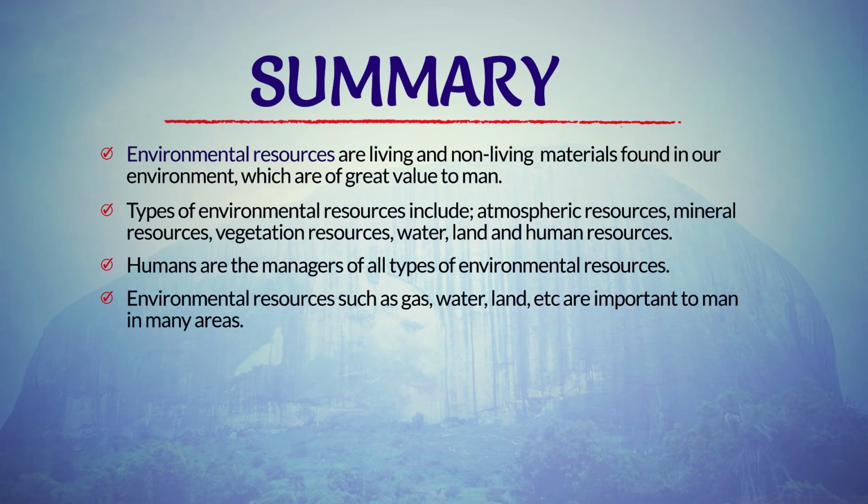Going forward, we saw that humans are the managers of all types of environmental resources. And lastly, we learned that environmental resources such as gas, water, land, etc. are all important to man in many areas. Now, let's test our understanding of the lesson with some few questions.